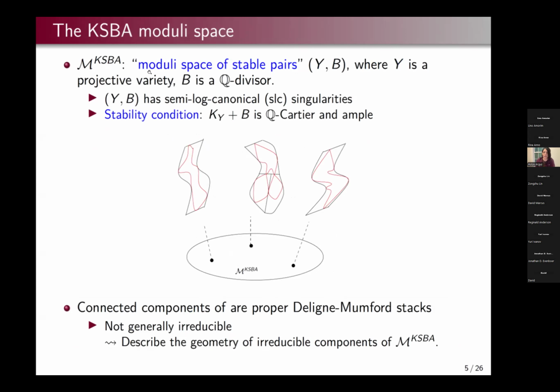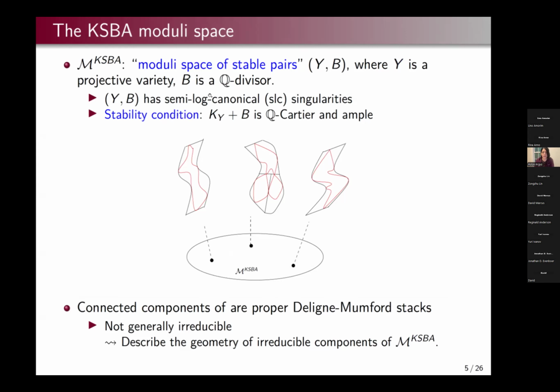In this situation, it's consisting of pairs (Y, B). The points of this moduli space are given by such pairs where Y is not necessarily a curve, but a projective variety, and B is a divisor in Y. And the analogous condition of such pairs, like in the curve case, we want to have at worst nodal singularities.